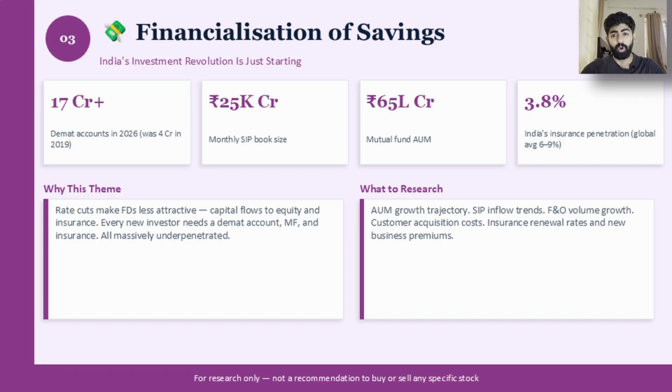If I talk about insurance penetration, it is still around 3 to 4%, which is way below the average of 6 to 7% in other countries. Mutual funds AUM has been growing, so we are moving towards investment. We are moving towards the area where more and more investments are going to come into the picture, and all the companies and industries which fall into this bucket become a good opportunity to invest in.